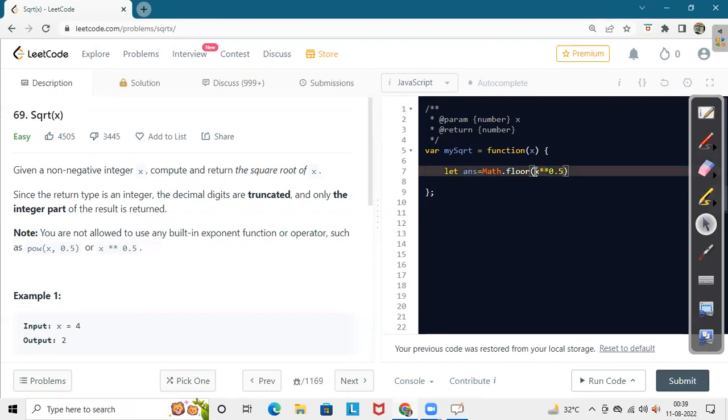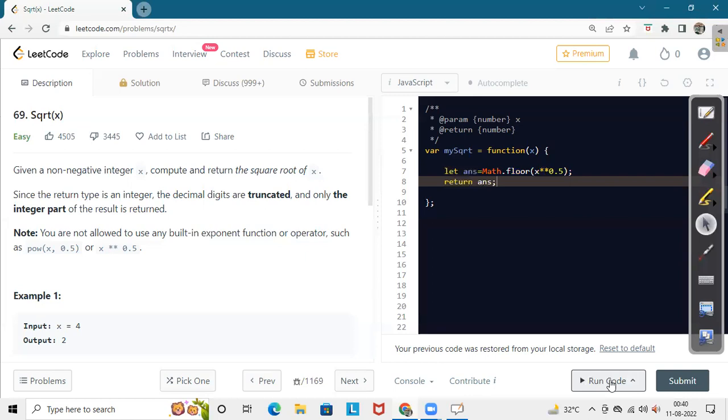So this whole thing is equal to x raised to the power 1 by 2, which is the square root of x. Then after that I will return the answer variable.